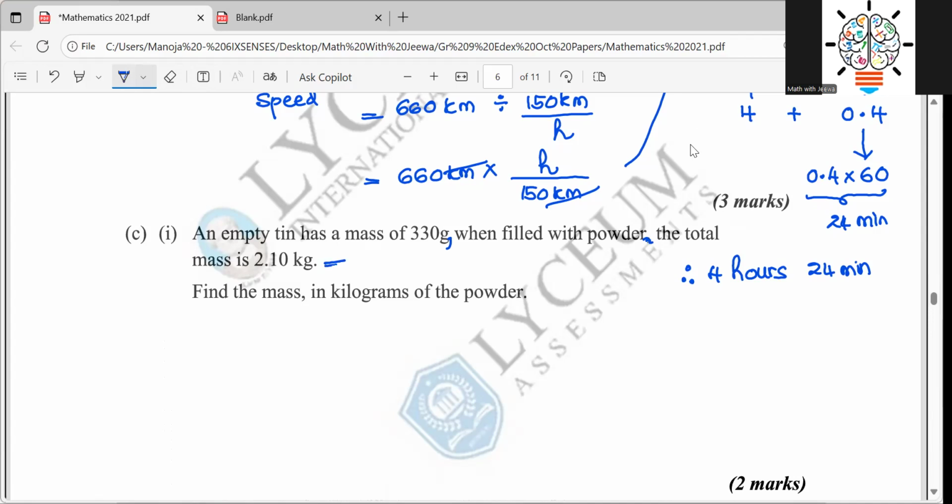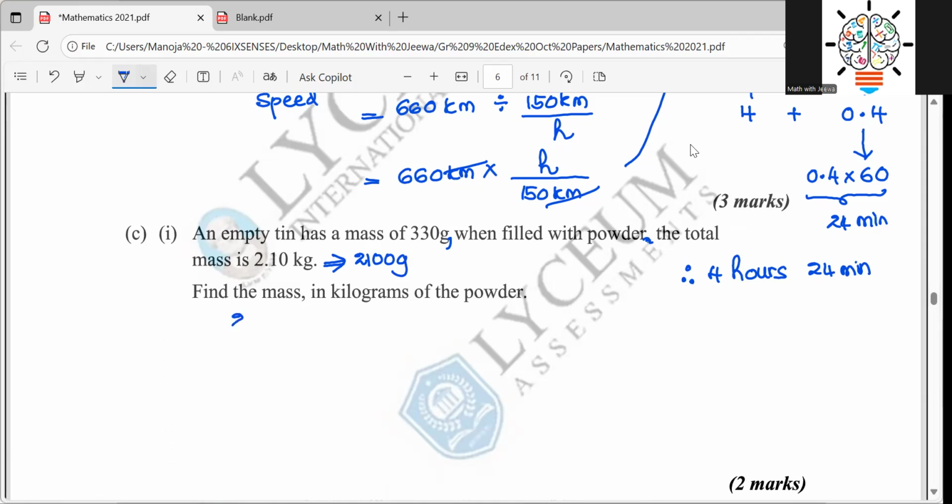So when you convert this into grams, you can write 2.10 you multiply by 1000, right? So then it gives me 2100 grams. Find the mass in kilograms of the powder.